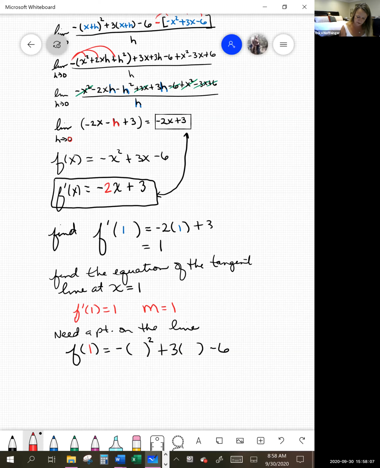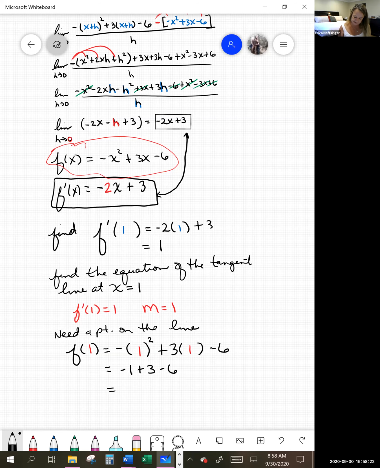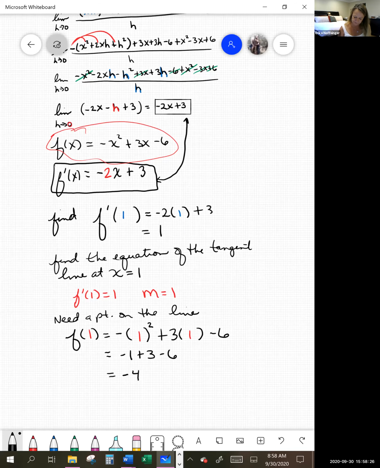It was right here. So we got negative 1 plus 3 minus 6. Negative 1 plus 3 is 2. 2 minus 6 is negative 4. So we have a point.